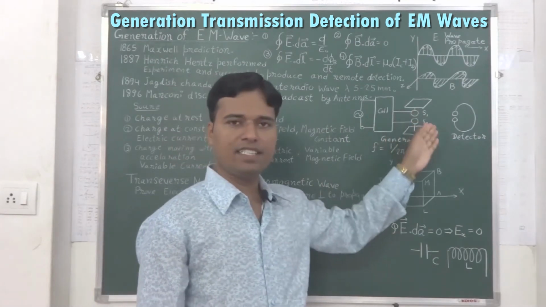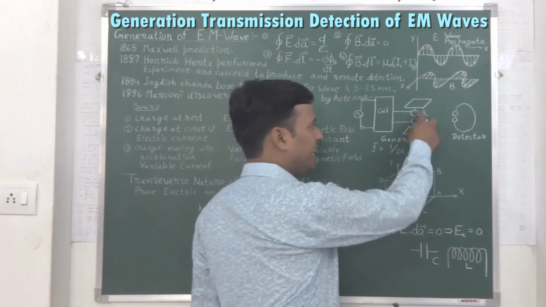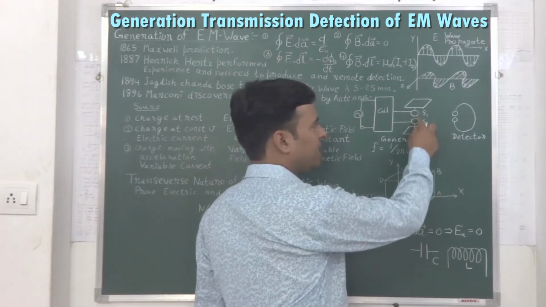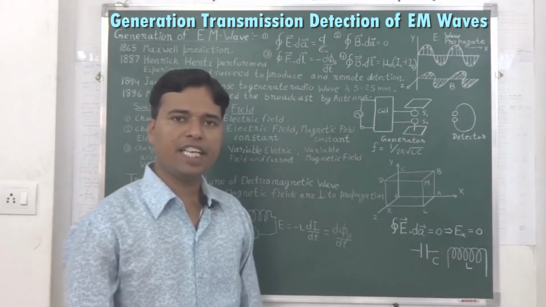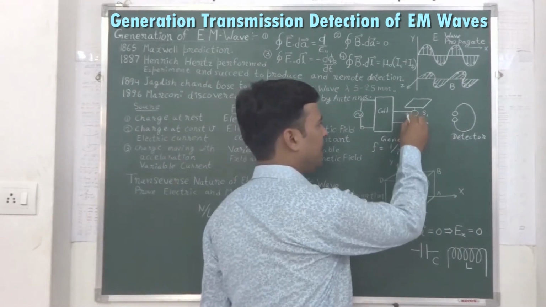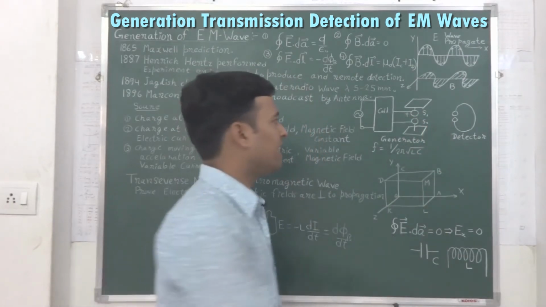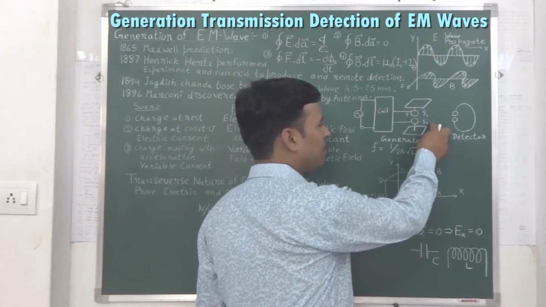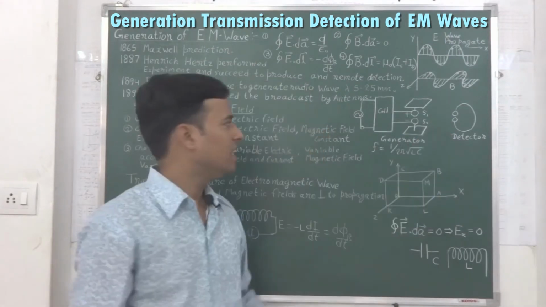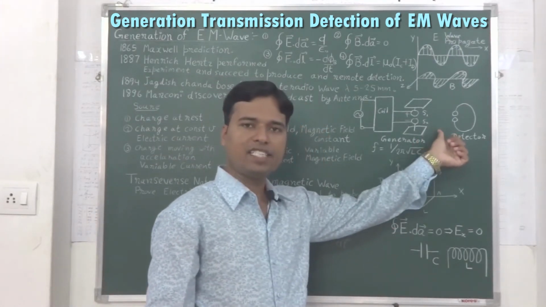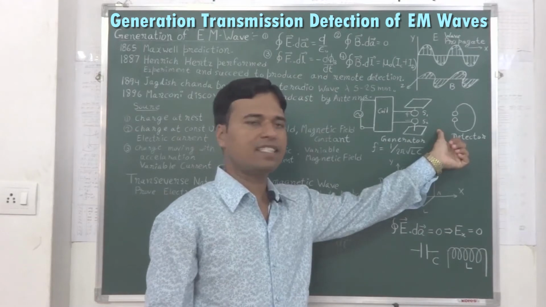Now dear students, if there is some potential difference between these two spheres, let the sphere S1 be positively polarized at an instant and S2 negatively polarized.